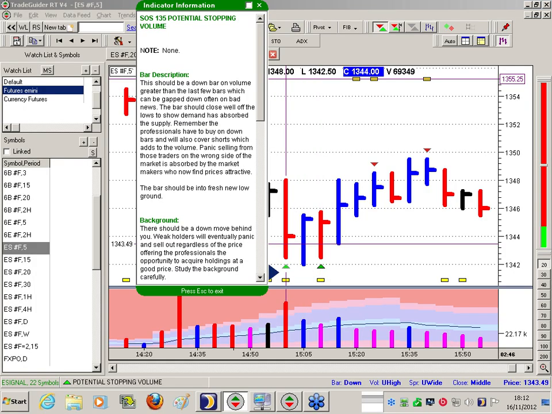There's something there, look. Potential stopping volume. We call it potential because nothing's absolutely certain in the market, as you know, but it's certainly potential. But your skill as a trader will recognize it because your mind is much, much better than a computer.